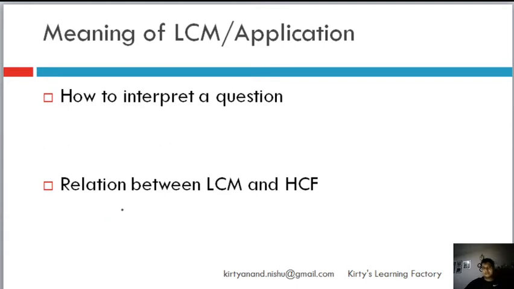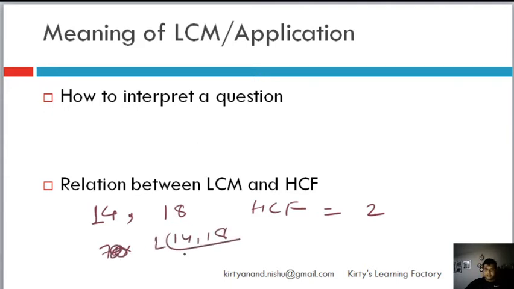Let's take two numbers, 14 and 18. Their HCF you can find yourself, but because I know it, the HCF is 2. The LCM we have to figure out: it will be 7 and 9, right?